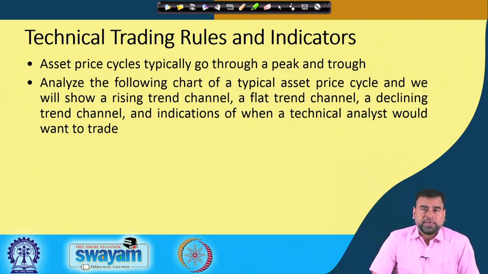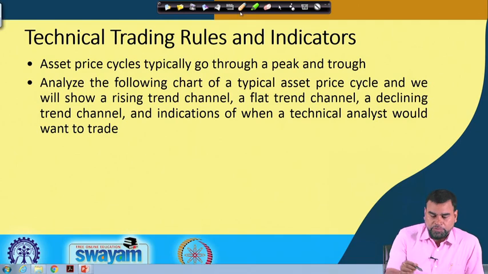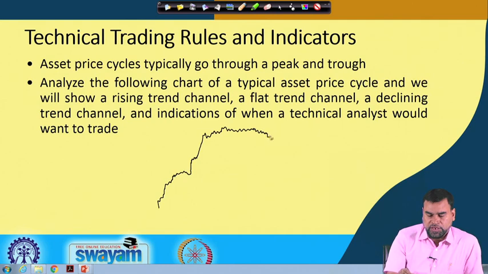You see that technical analysis first of all believes that asset prices typically go through a peak and trough. If you remember, there is a business cycle. Let the price go in this way, reach a particular peak and start declining, and again reach a place, then start increasing.